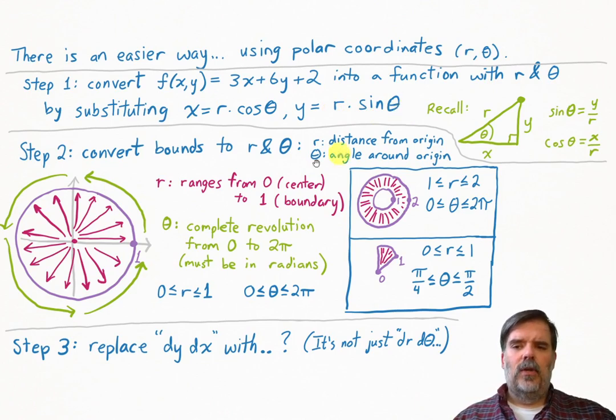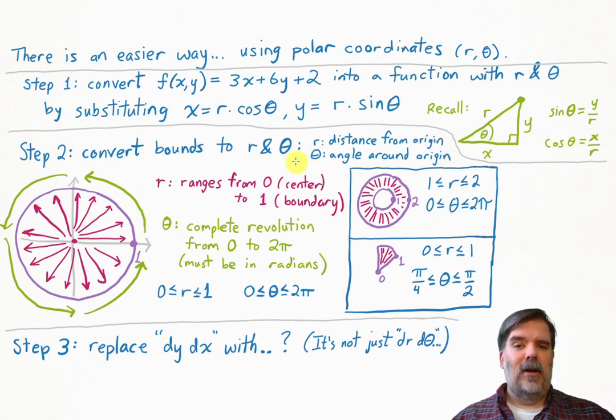Step 2, we want to convert the bounds of this region to values, formulas involving r and theta. Remember, r refers to the distance from the origin to a point, and theta refers to the angle around the origin. And this is where the technique really shines.